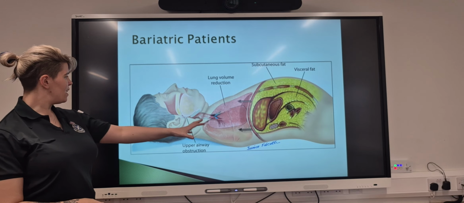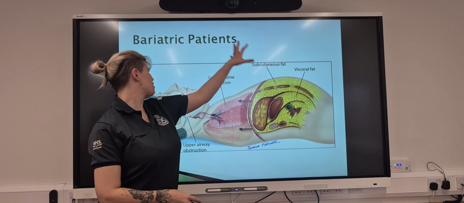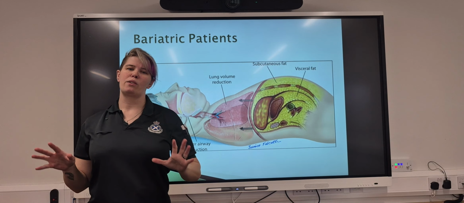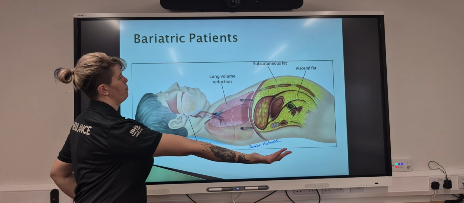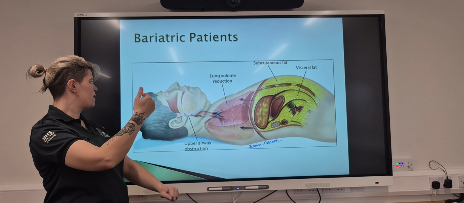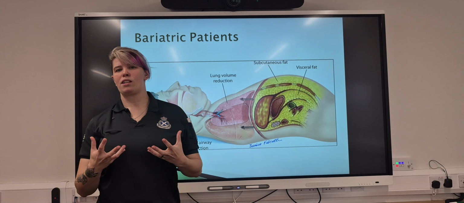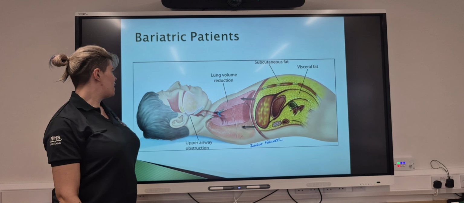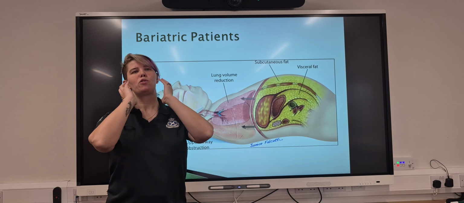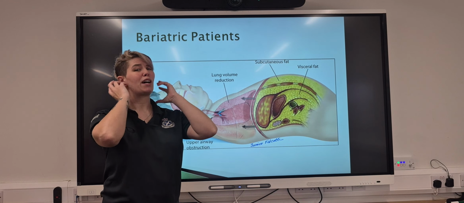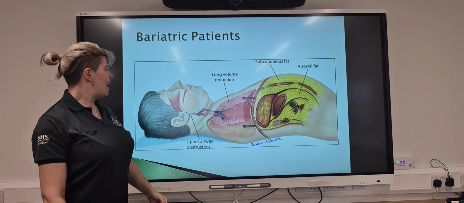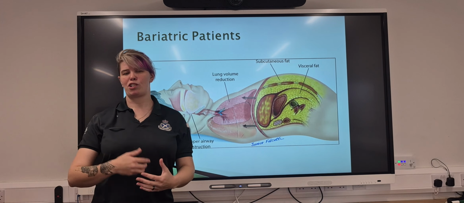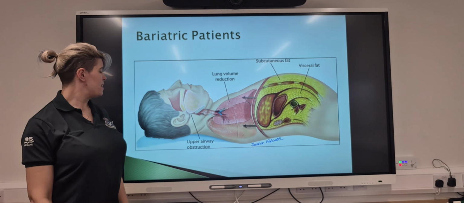As we can see here, I've got quite a lot of visceral and subcutaneous fat. What that does is, when they're lying on their back, obviously the belly pushes the lungs up. That reduces the lung capacity and lung volume, and if you've got quite a short neck or quite a lot of fat around it, it makes life very, very difficult when you're trying to manage an airway.